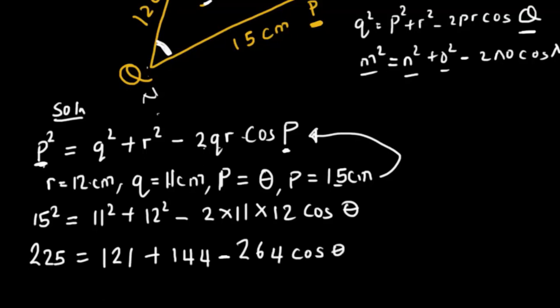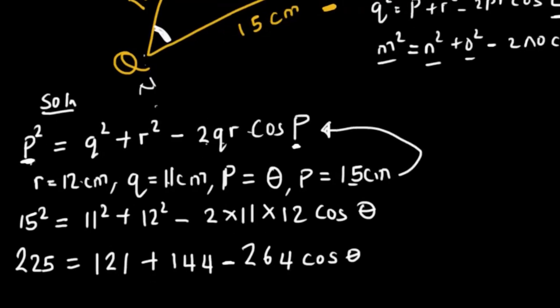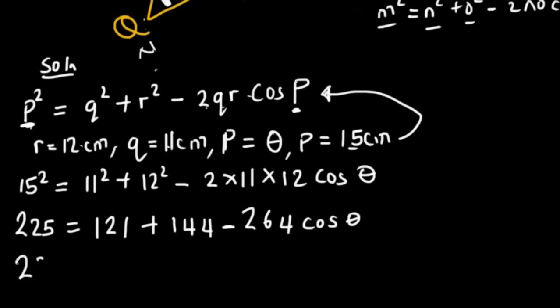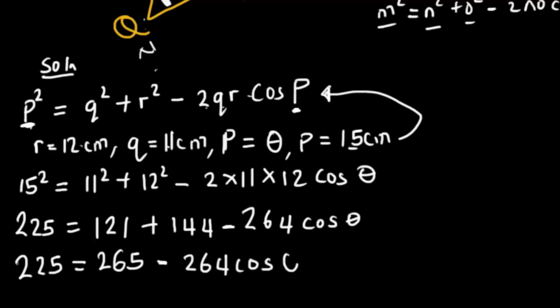So it then means we'll have 225 equals 121 plus 144. 1 plus 4 is 5, 2 plus 4 is 6, 1 plus 1 is 2. So we have 265 minus 264 cos theta.